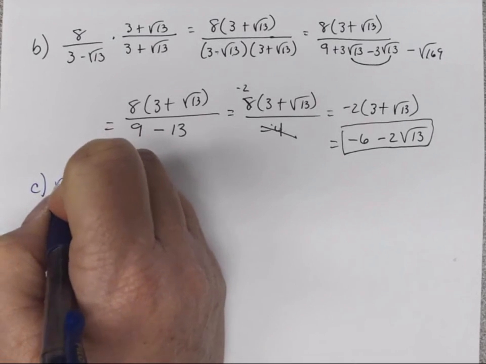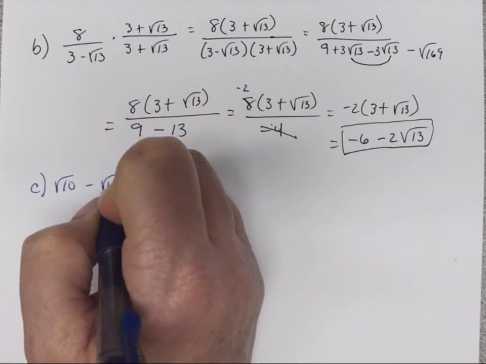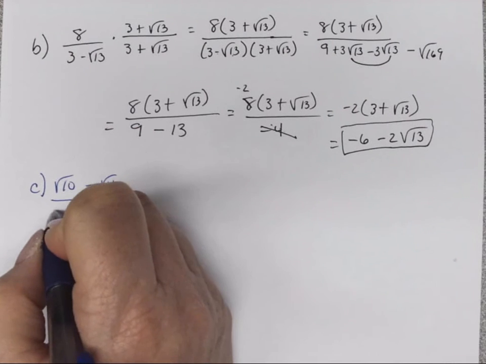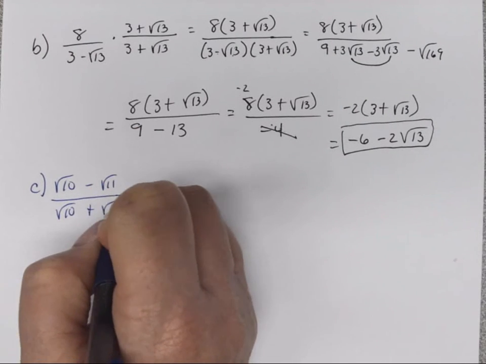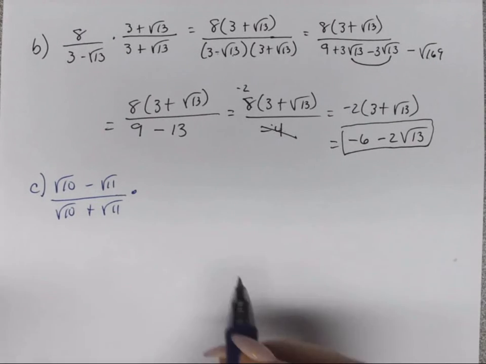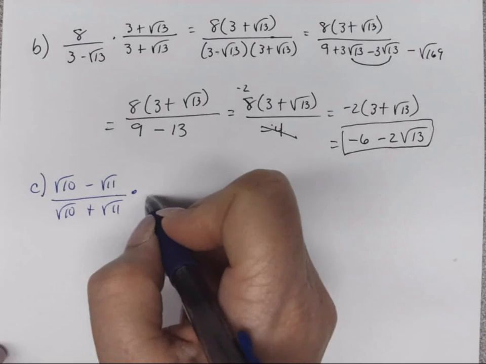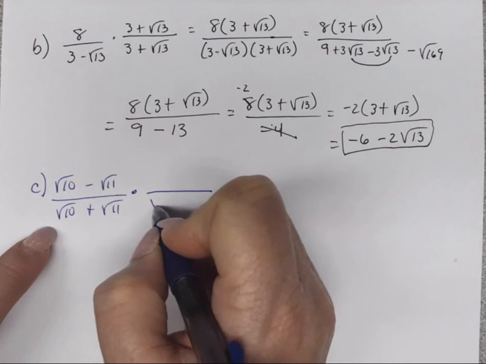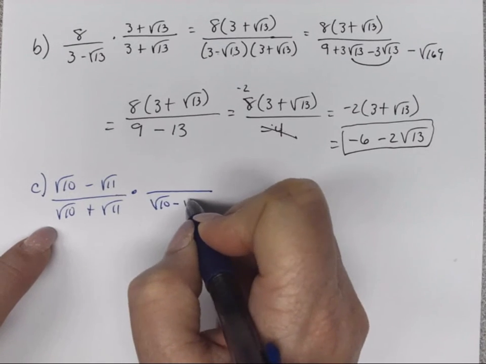So we have the square root of 10 minus the square root of 11 over the square root of 10 plus the square root of 11. So basically, we have a conjugate situation happening here on top of each other, but we're going to still have to clear out our denominator on the bottom. So square root of 10 minus square root of 11.